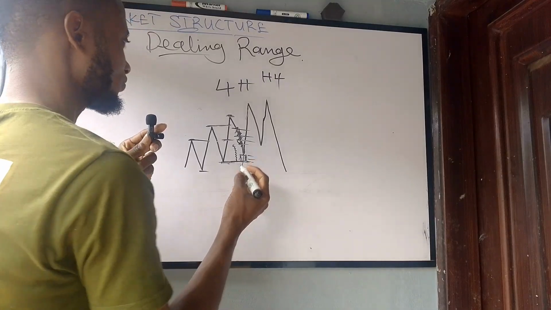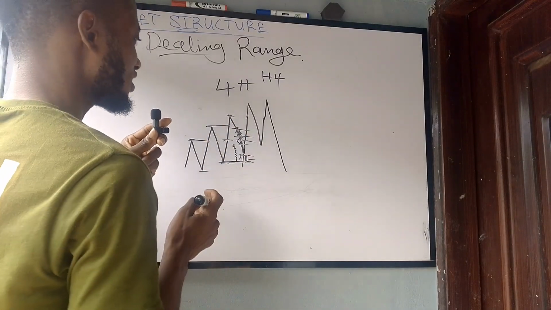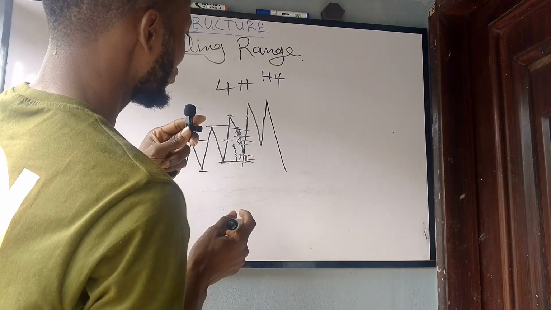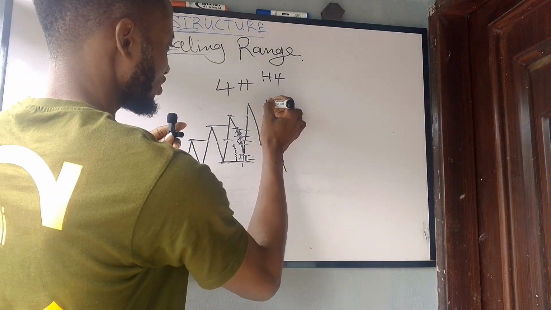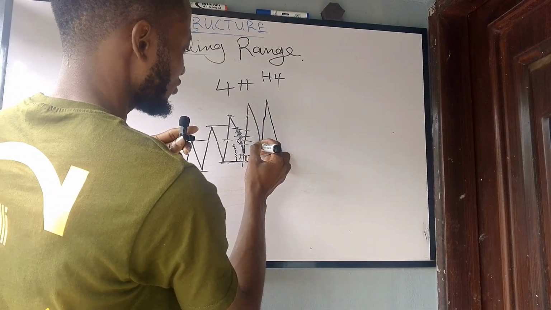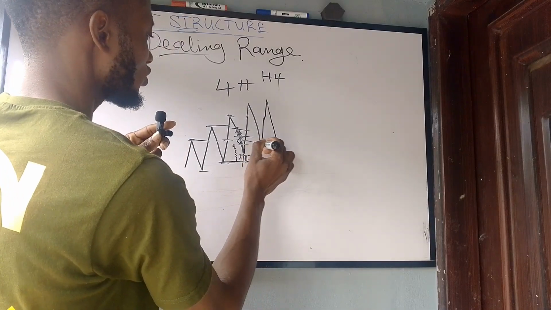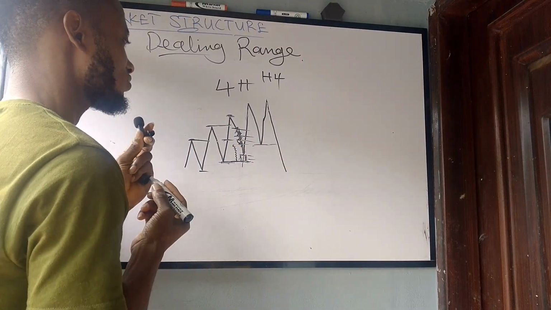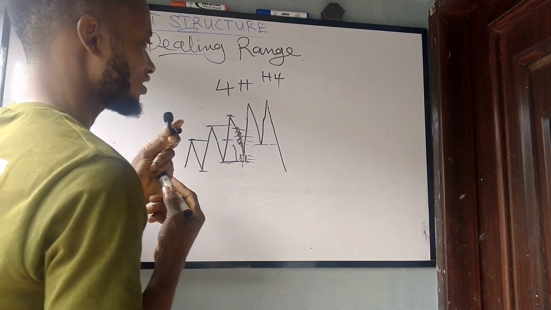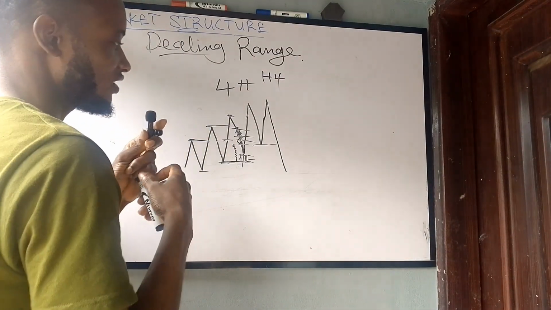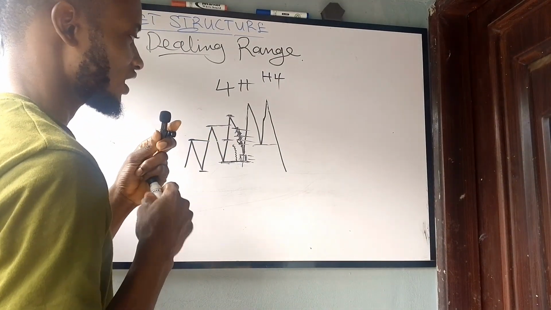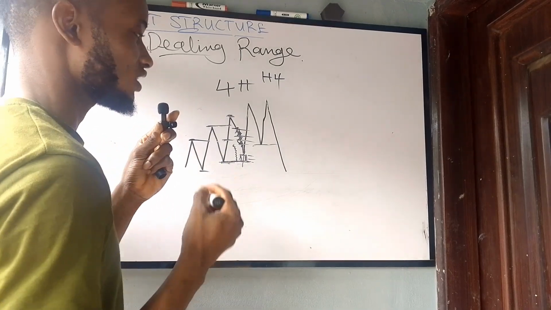Yes. The same thing is applicable to the downtrend. When price changes character to the downside and breaks below this low that we see as our strong low, it means that price has changed its bias. Now we are partially in a downtrend, partially because we need confirmation.